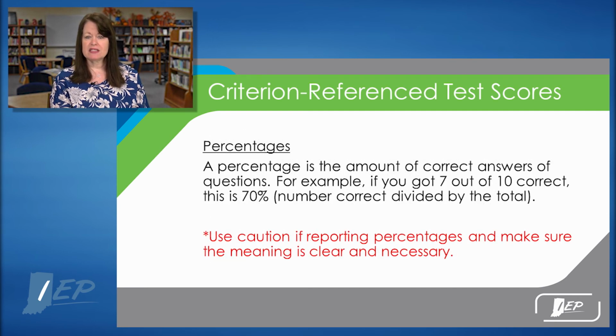Another type of criterion referenced test score would be a percentage, and a percentage is simply that straight mathematical calculation of the number of correct answers out of a particular number of questions or items. So for example, if you got a 7 out of 10 on something, we know 7 divided by 10 is 70%.